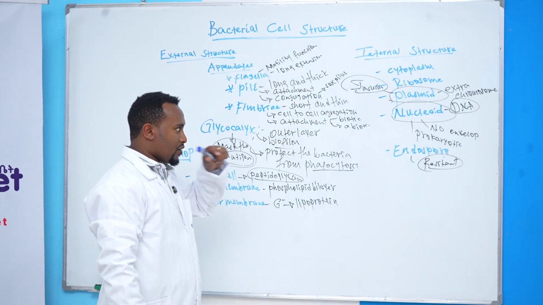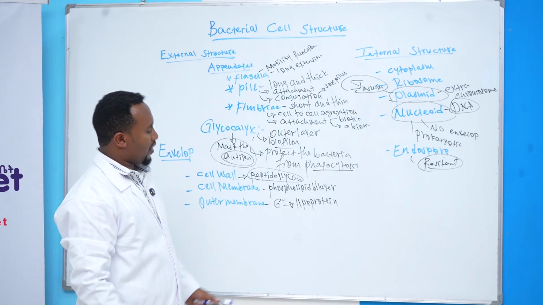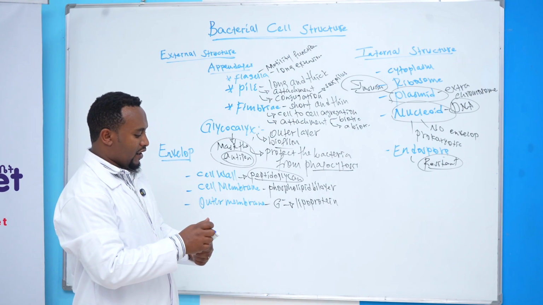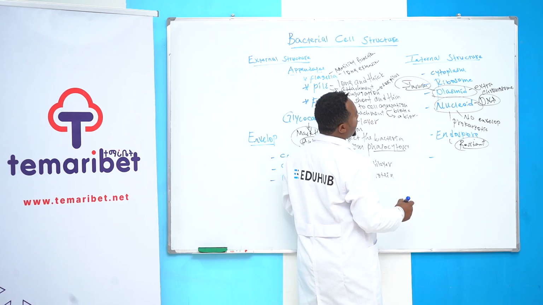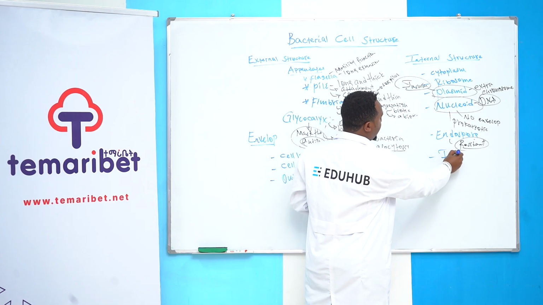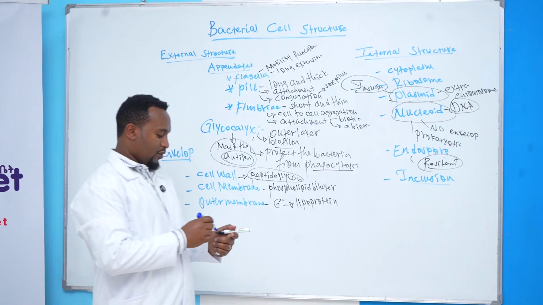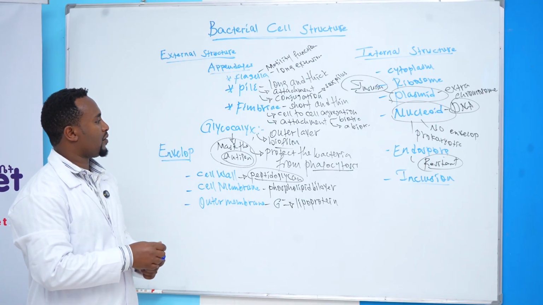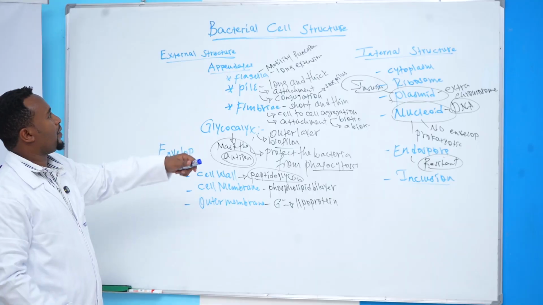It is a resistant spore. There are also some other inclusions, consisting of different materials that help us in life processes of the bacteria. We call these inclusions. There are different inclusions, molecules that are used in different bacterial processes.